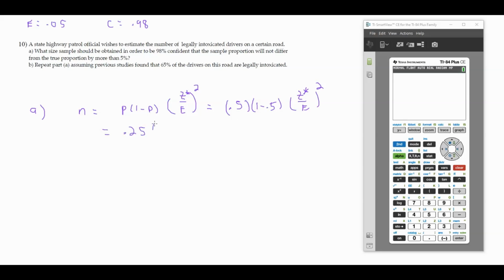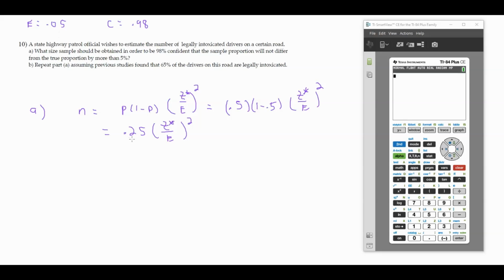If you look at the textbook, you will see that they diminish it to this, saying that if you have no prior estimate. That's a Z star, by the way. But you could also just use the one formula and say, if I don't have a prior estimate, just use P equals 0.5.